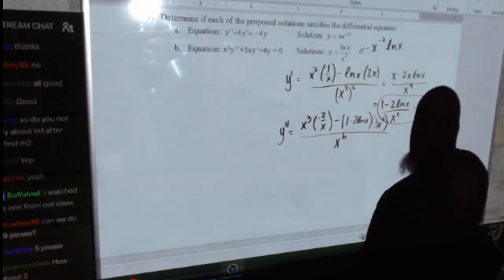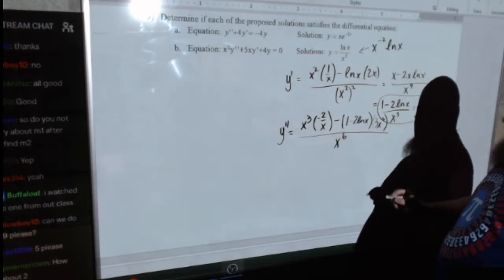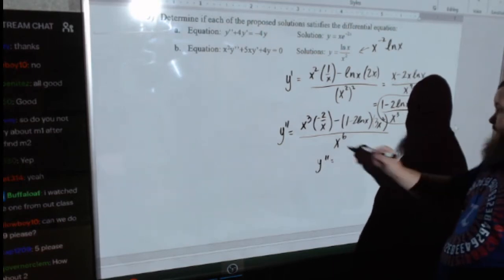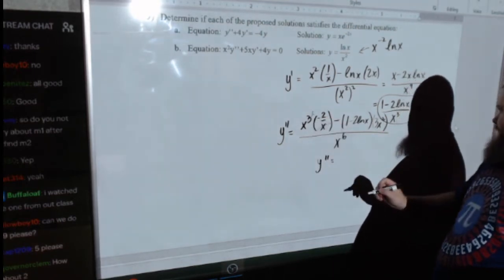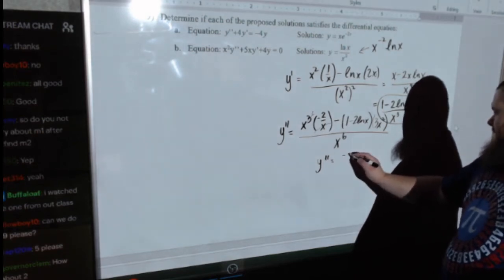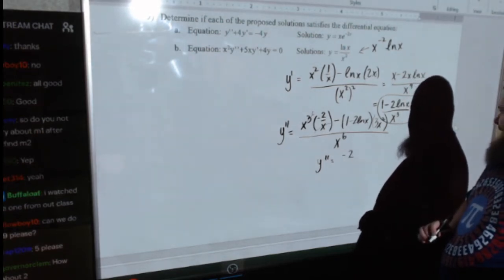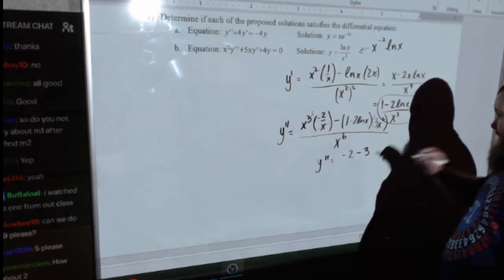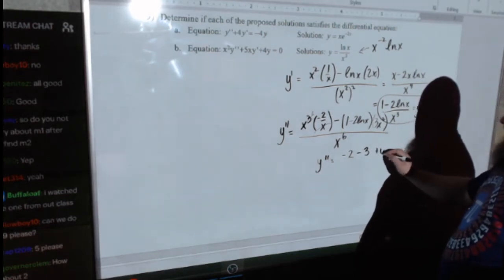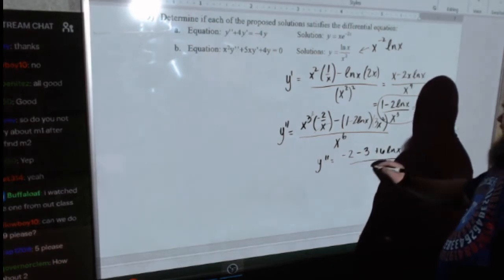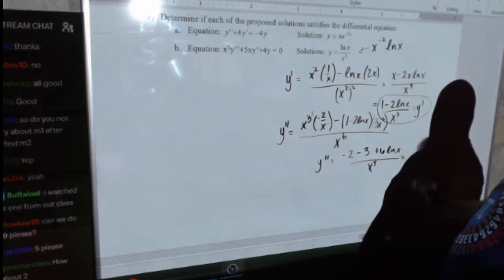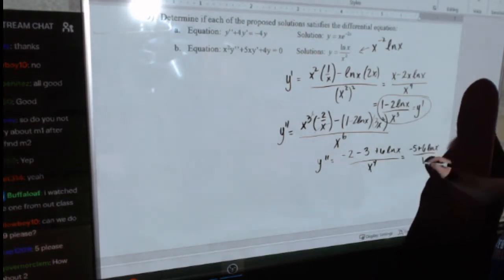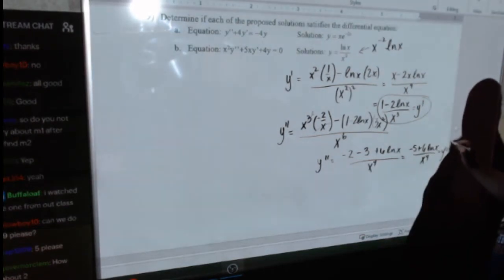Looks like now we've got an x squared in common that we could cancel out down here. So this is minus 2 minus 3 plus 6 log x all over x to the fourth, or minus 5 plus 6 log x over x to the fourth. That's y double prime.